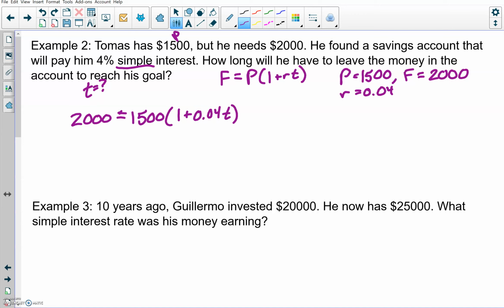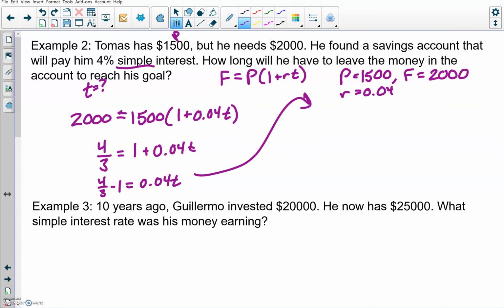So if we divide by 1,500 on both sides, getting that T alone, I will get 4 over 3 after I reduce. And this will be equal to 1 plus 0.04 times T. And then I'm going to subtract 1 from both sides. So you get 4/3 minus 1 equals this 0.04 T up here.